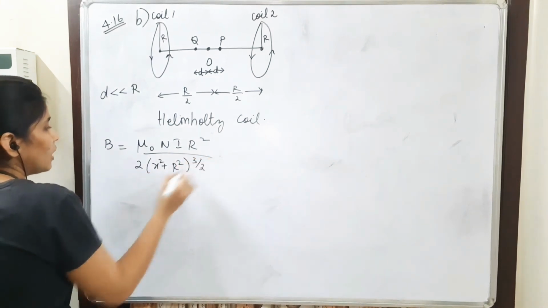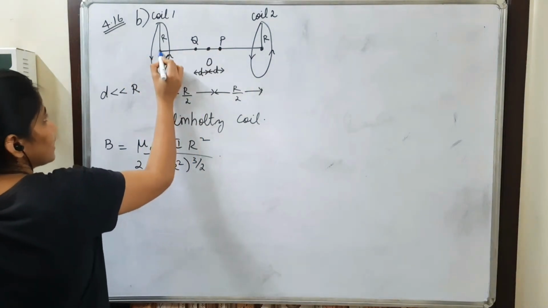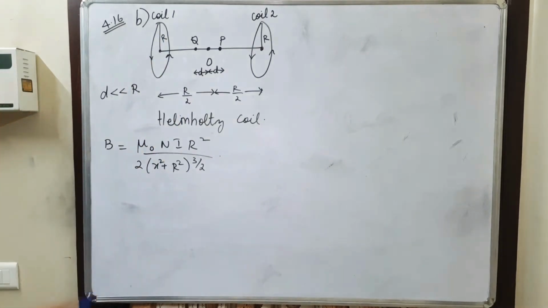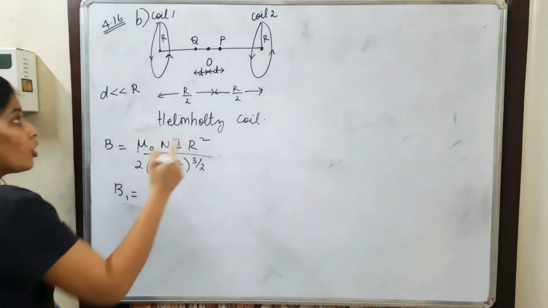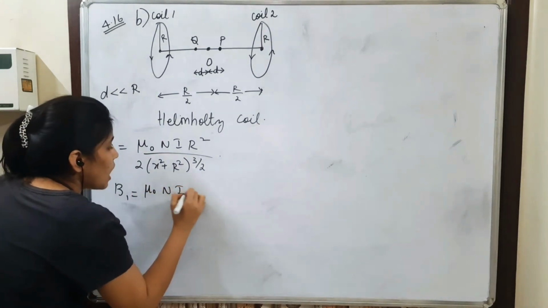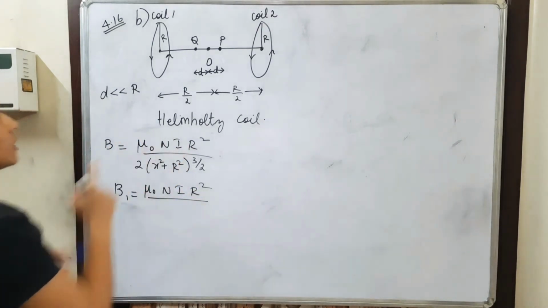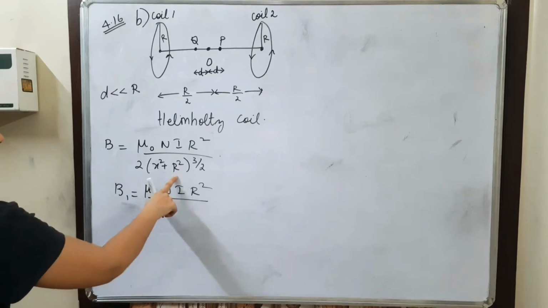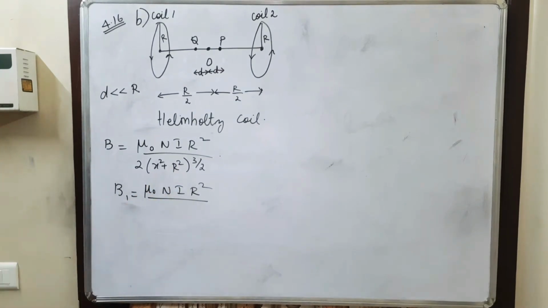The general formula. Now you tell me the point P, at what distance is it from the center of the first coil? First we will write down the magnetic field due to the first coil. The magnetic field due to the first coil, B1, at the point P will be equal to mu naught N I R square divided by 2 into (x square plus R square) the whole power 3 by 2. Here R is the radius of the coil, but this x square term is different.